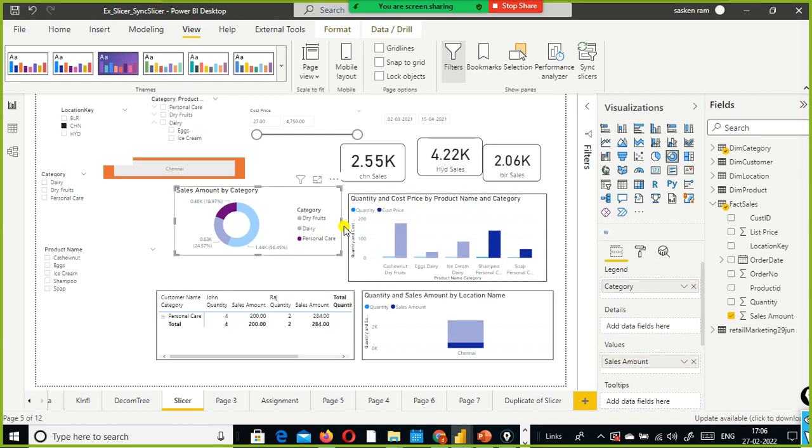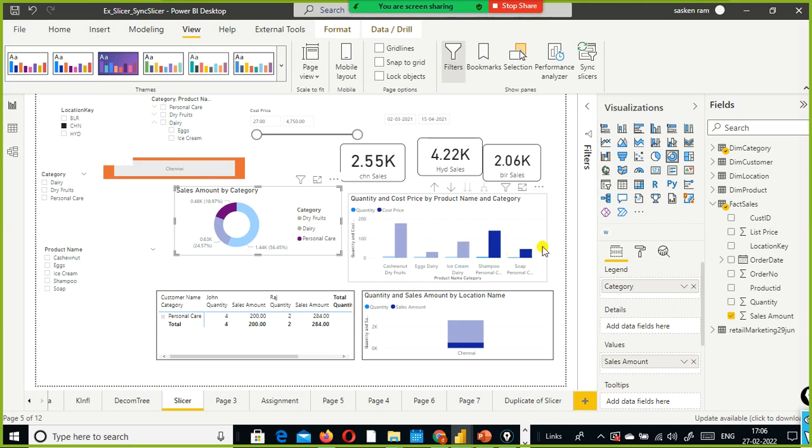But in this case, we sold all these 5 products across all three categories. Still, it displays the products that are not relevant to personal care. All we need is personal care related products that we sold in the Chennai region, but it shows the unrelated items also along with this.